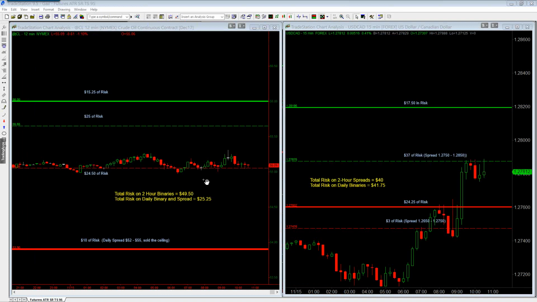Now we have 2 minutes, and the short on crude is right where price is currently trading. Over on the Canadian, okay, we're right at the long side of the spread, okay? Now, this could go down, it could go up, but we have both longs and shorts in anticipation of it.